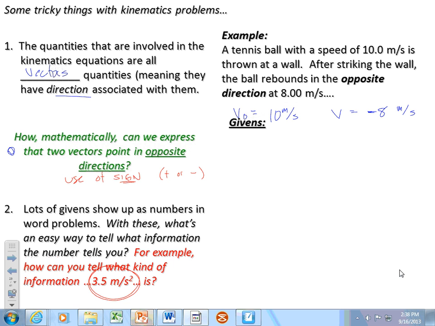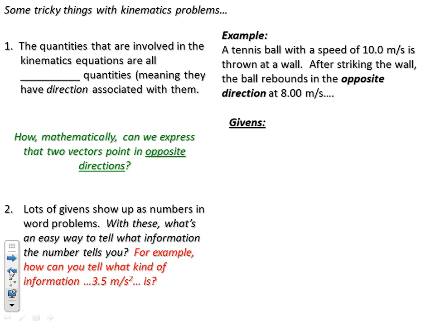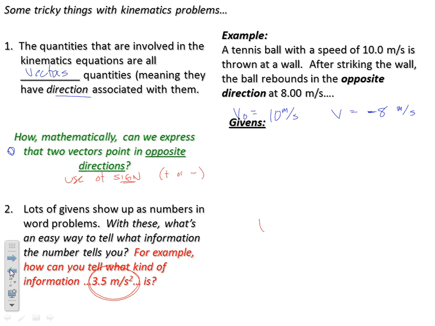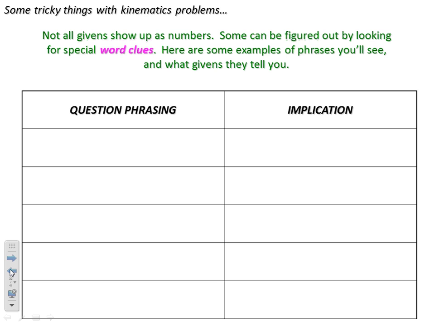Well, you ought to be able to tell, ideally, from the units, right? We ought to say, 3.5 meters per second squared, oh yeah, that's an acceleration. Use the units. I don't know how helpful this is, but it's something you can try to make use of.